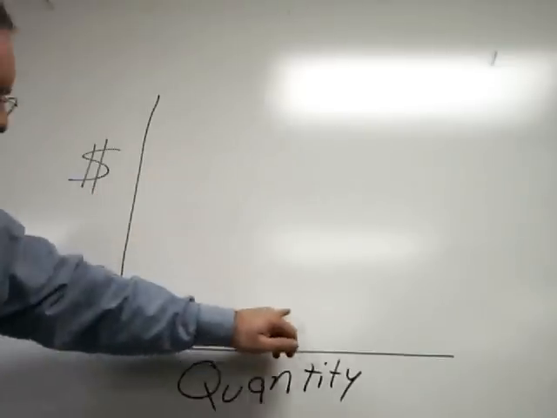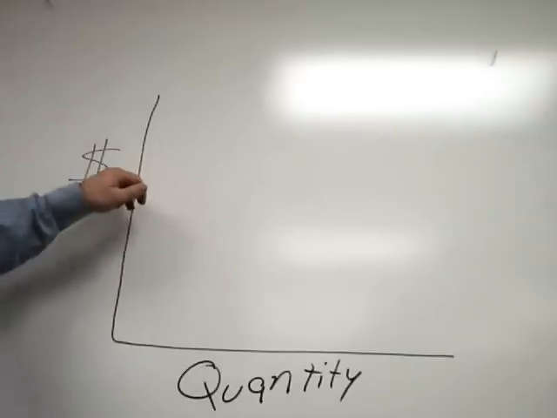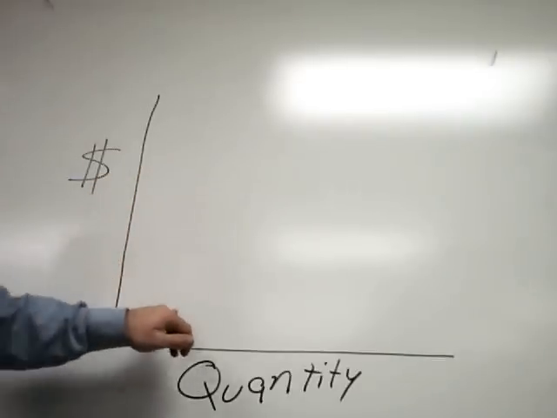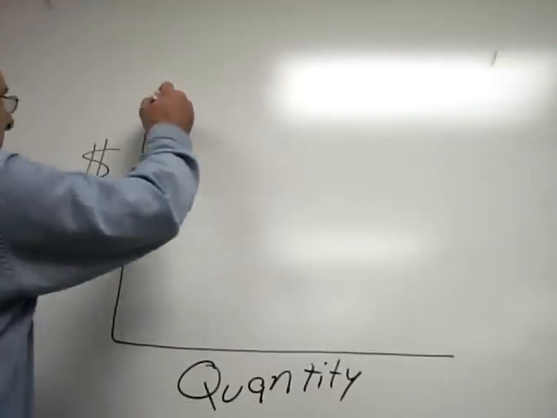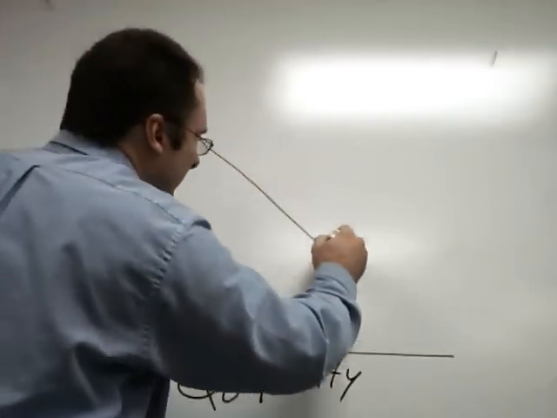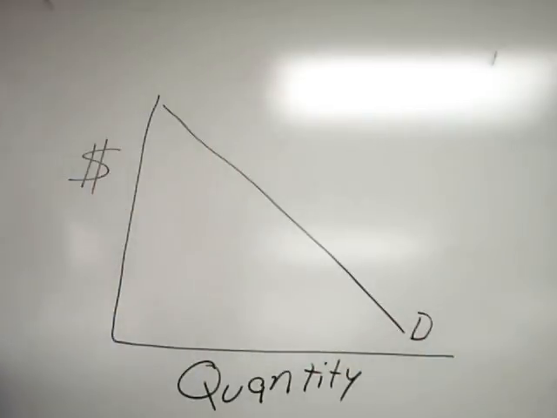If the price comes down, will you demand higher quantities or lower quantities? Well, if the price comes down, you're going to demand higher quantities. So that means that the demand curve is going to slope downward like that. And that's the demand curve, slopes down and to the right.